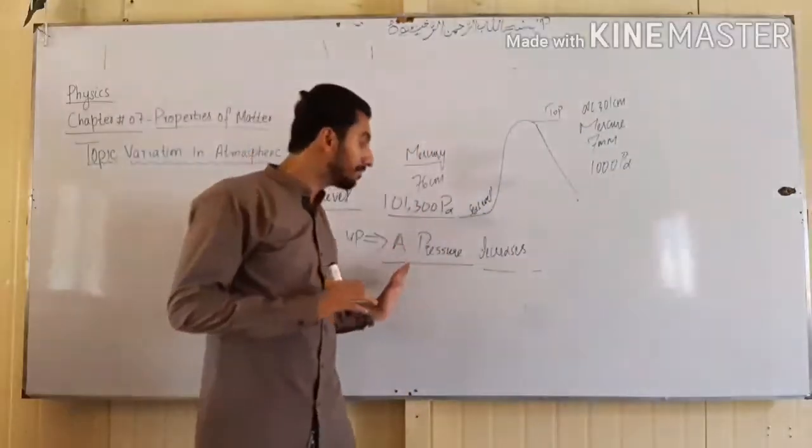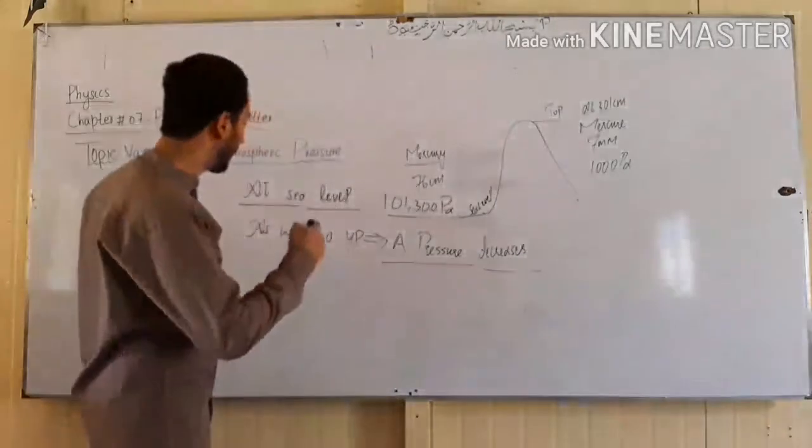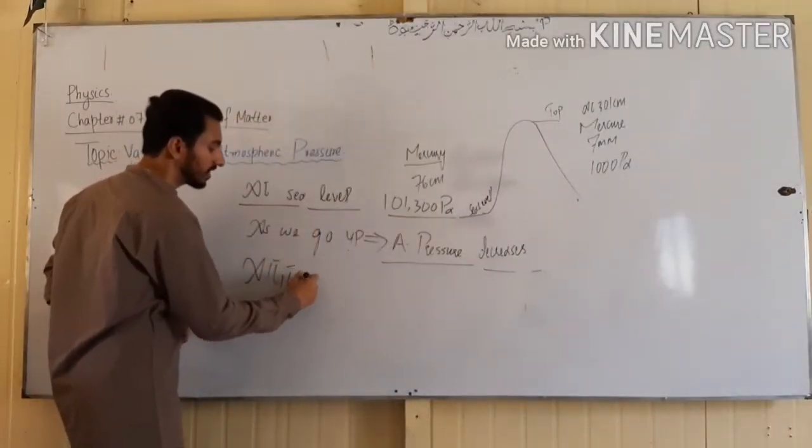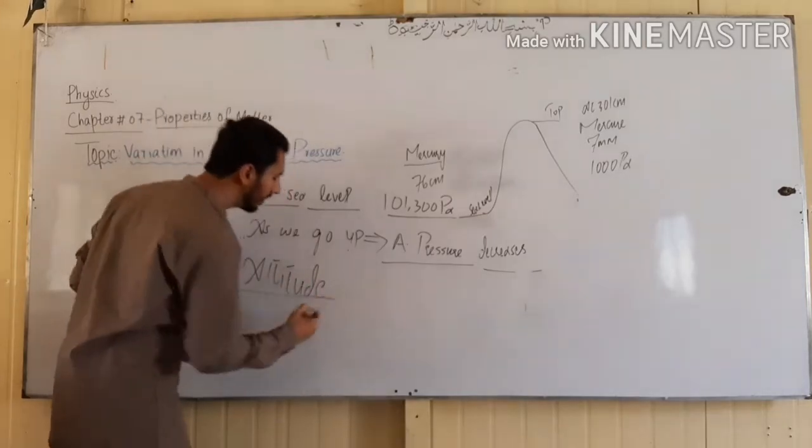So students, with the help of atmospheric pressure, you can find out the altitude. What is altitude? Height. Altitude of any place.